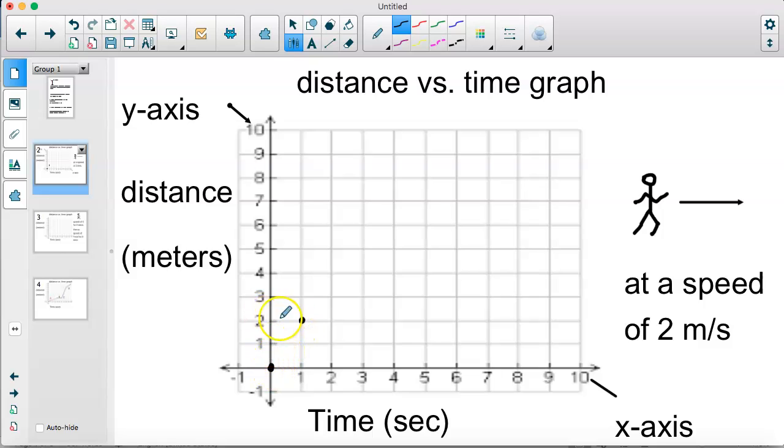Because if they're moving 2 meters per second, that's where they would be after 1 second. Then they would travel another 2 meters in 1 second, and another 2 meters in 1 second. Effectively, what we're doing is the rise of 2 meters over the run of 1 second. And effectively, we've got ourselves a graph.